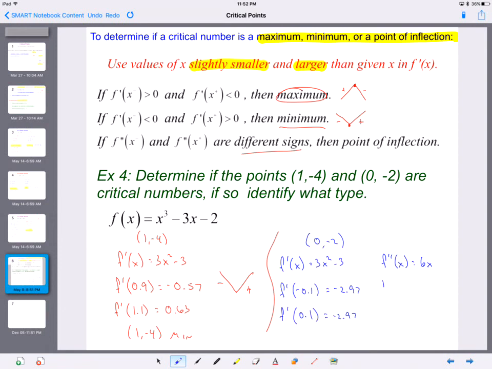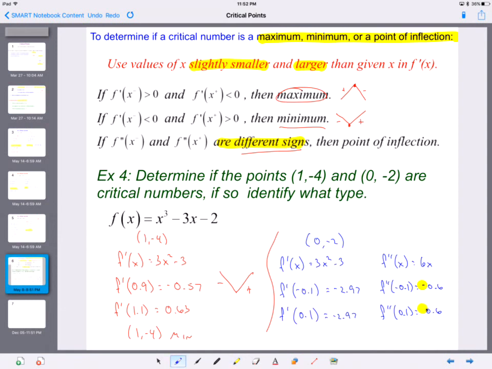And so now we'll do the same thing. We'll pick a point slightly to the left of 0 and slightly to the right. Plug those into the second derivative, and what we come up with is negative 0.6 and positive 0.6. So what are we looking for with the point of inflection? We're looking for different signs. So if we get different signs, which that's a negative, that's a positive, we did.